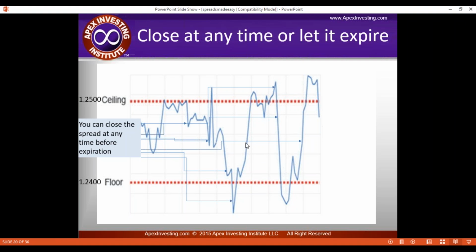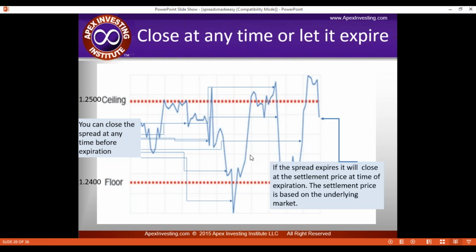Okay, so I can close out early whether I'm profitable or whether it's going against me. Just because I had to put up 50 bucks to get in, and 50 bucks is the most I can lose, do I have to let it go a full $50 against me? No, I might say, hey, I was wrong. Market's not going up, it's going down. Let me just close out now.